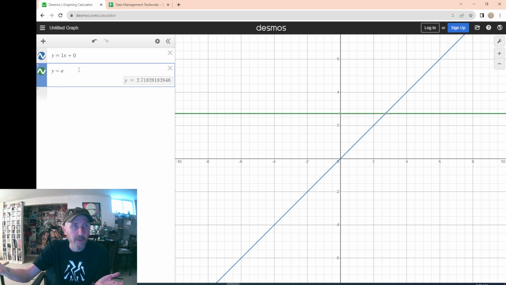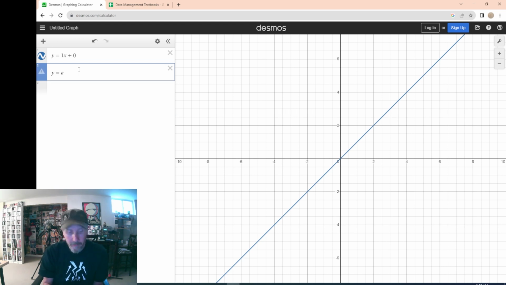E is just another number. I want to say it's an E because it's Euler's number, and it appears in natural situations like, I think, spirals and stuff like that. I could be wrong about that. Someone could correct me in the comments. But so I'm going to use E to the x. There it is.